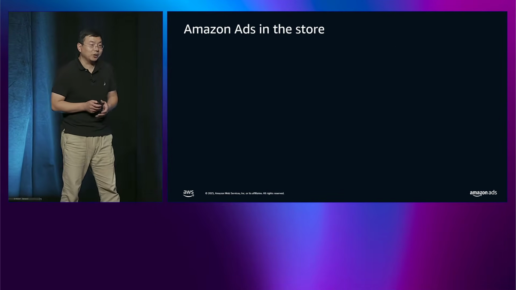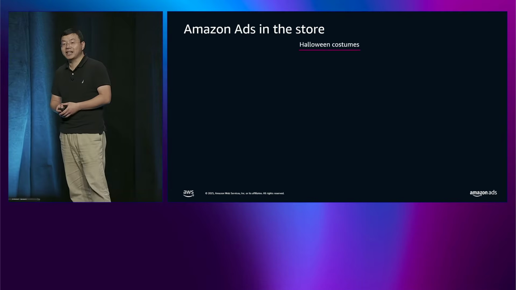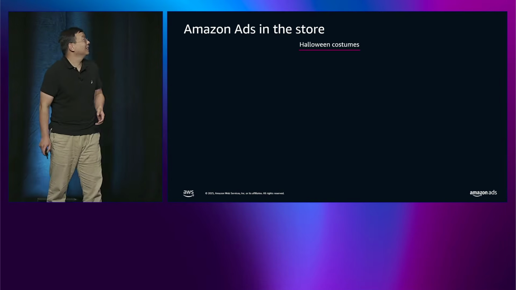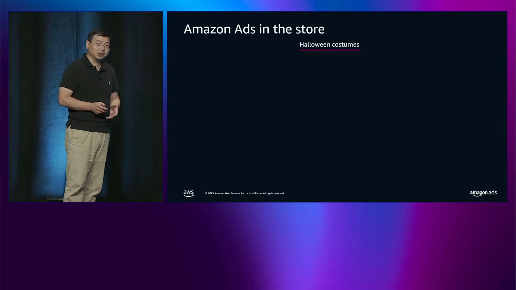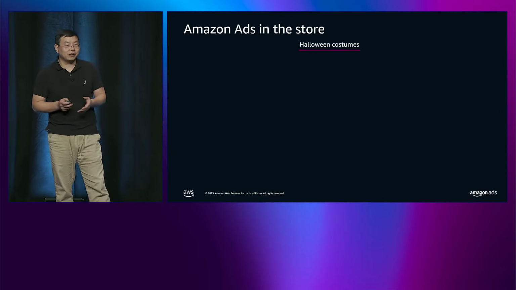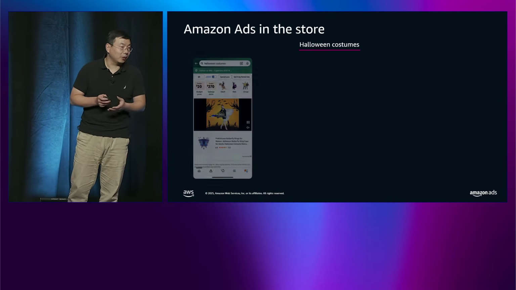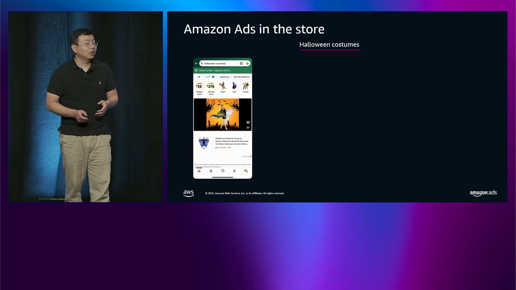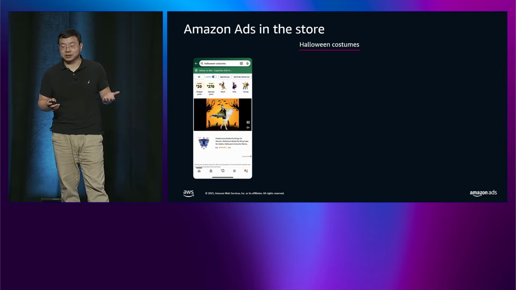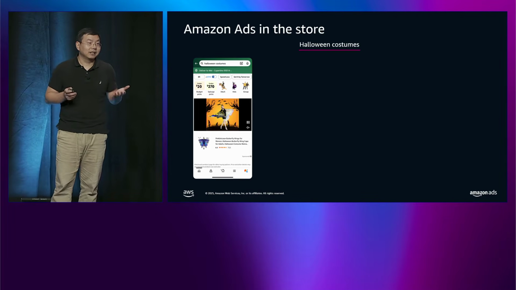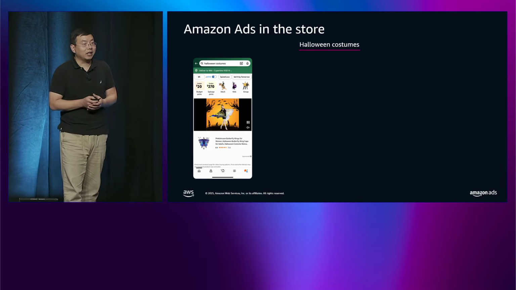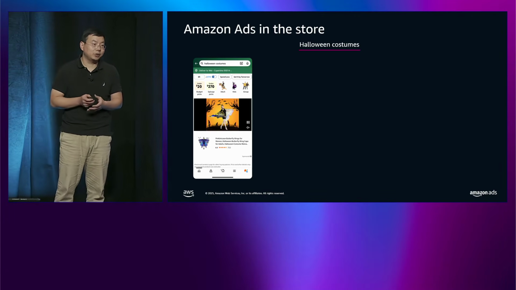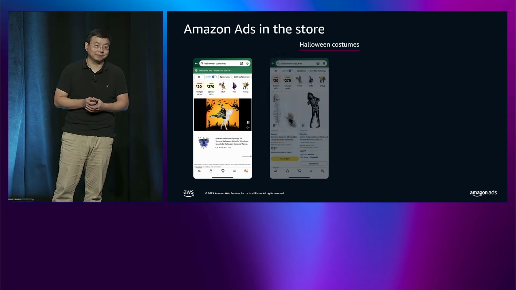Let's make it more concrete using one example in the Amazon store. This is a query for Halloween costumes, and this is one of my favorite seasonal queries. When a shopper searches for Halloween costumes, they may start with seeing a particular brand recommendation, along with a featured product to build brand awareness.